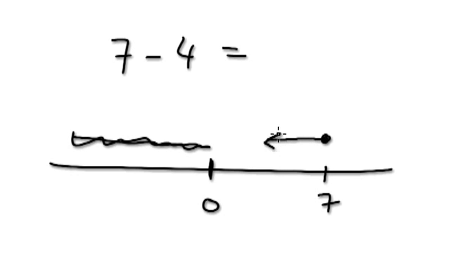So if it's at 7 and I'm taking 4 steps to the left, where would I be? Here, you just have to guess. I'm going to guess about 3. So the answer is going to be 3.